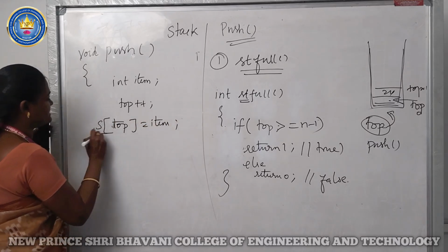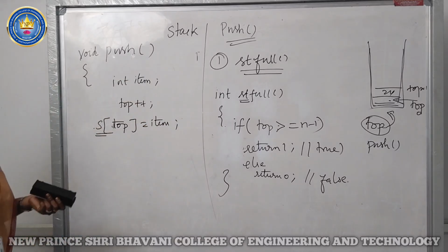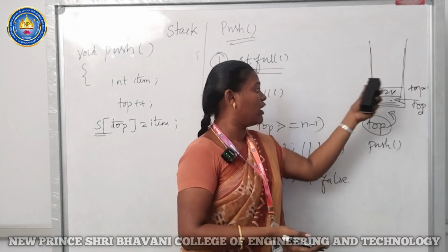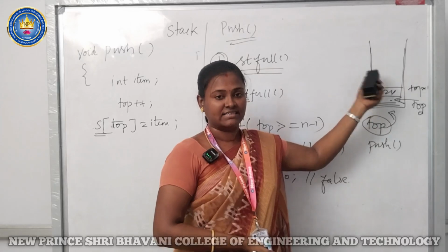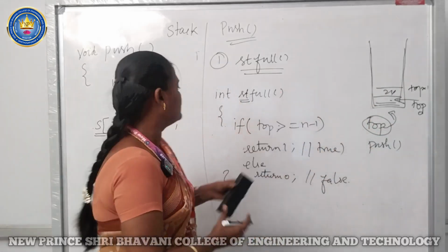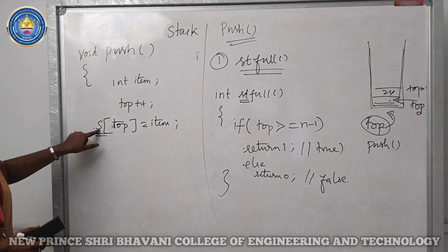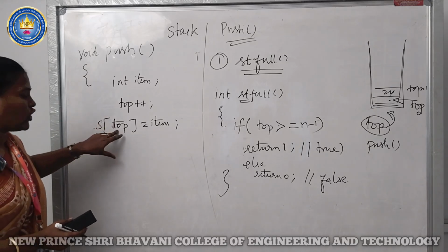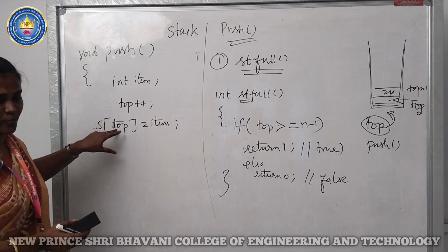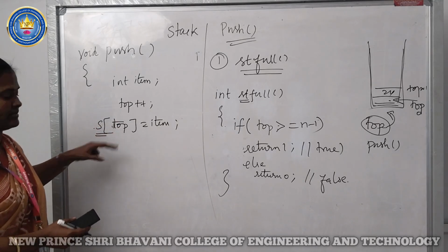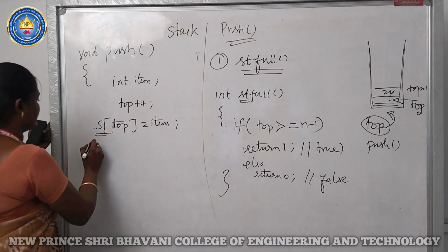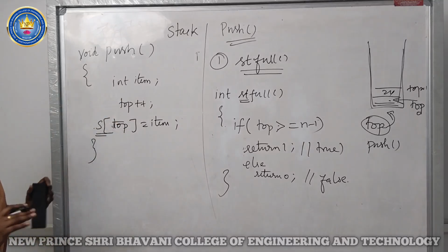What is this? This is the array in a stack. Here S is the stack, that means the name of the array, and at the place the top pointer points we insert the element. So S of top equal to item. That's enough. This is the code for the push operation.